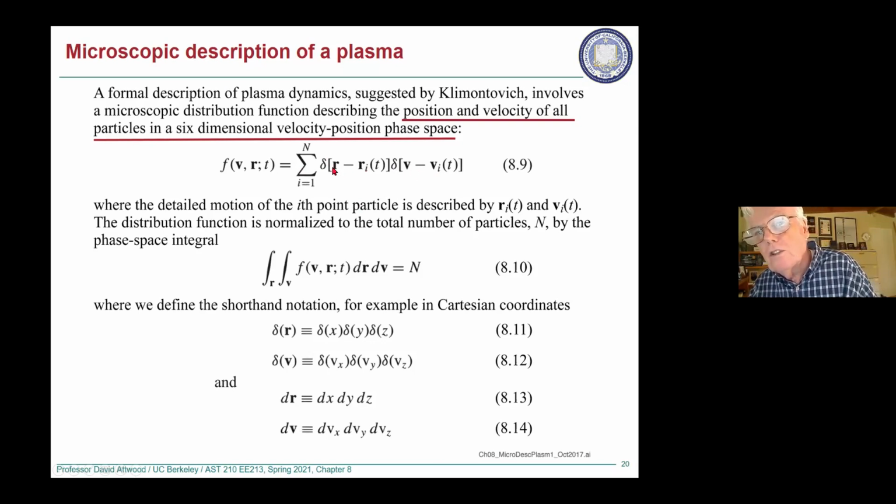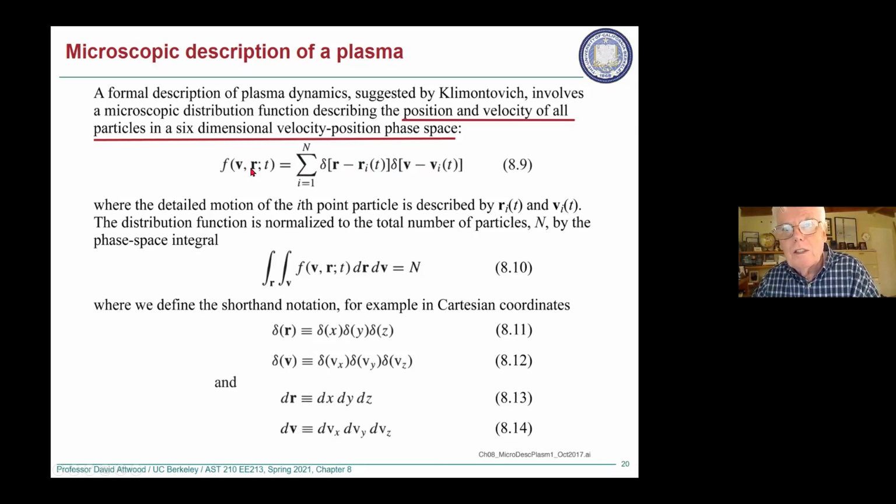So for instance, for some particle i having a position vector r as a function of time, moving around, when this equals r, the coordinate, then the delta function is infinity, and we have to integrate that out. And same thing in the velocity space.